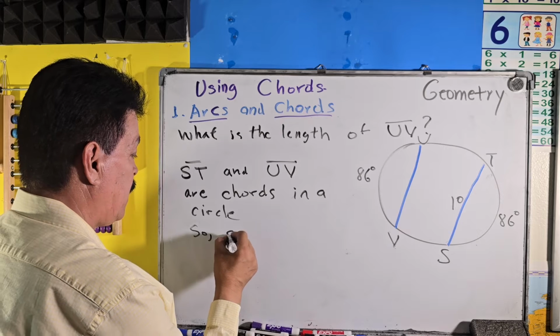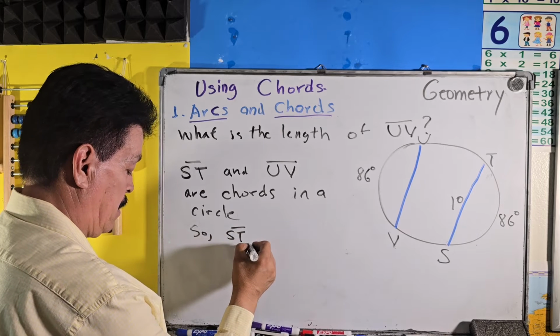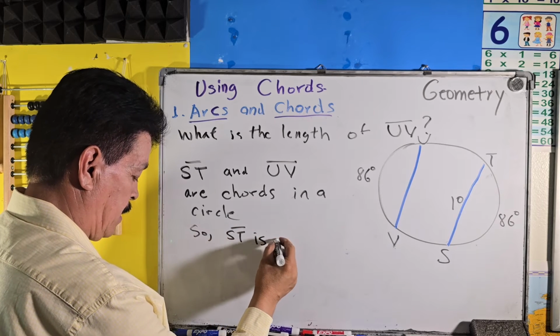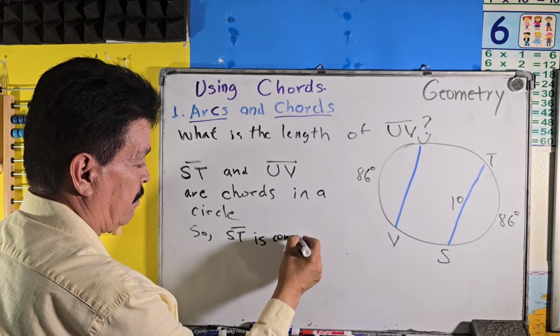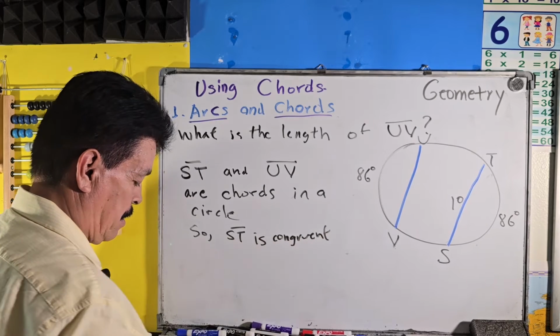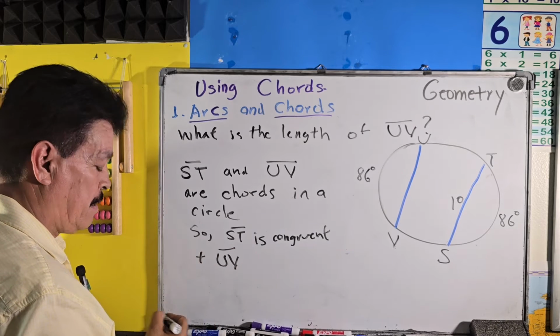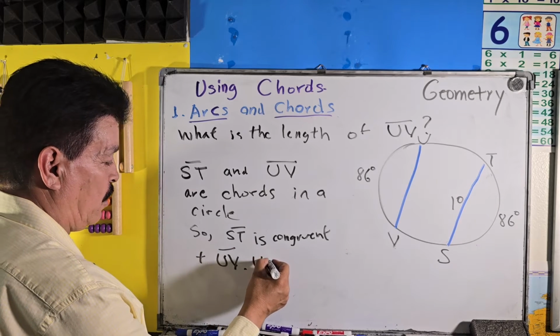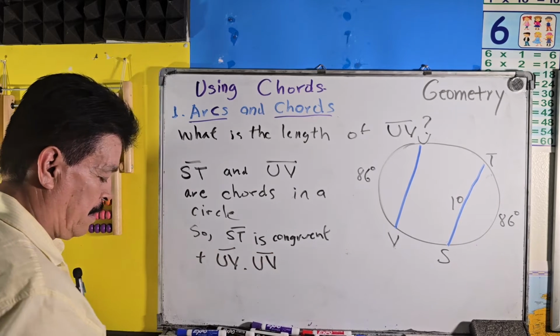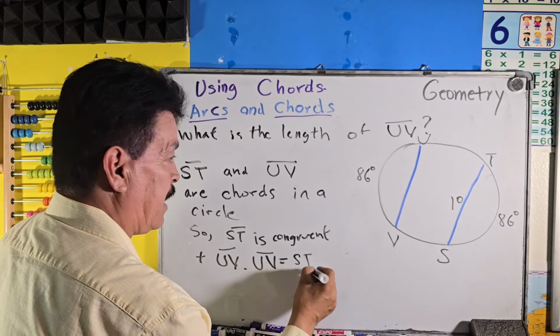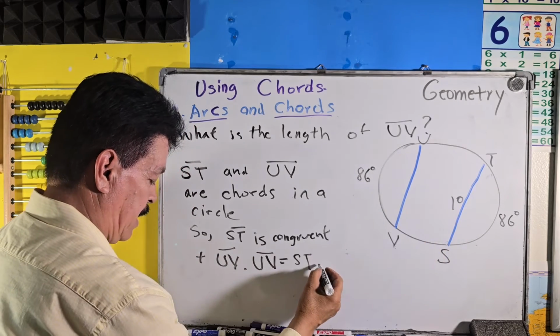So chord ST is congruent to UV. Then UV equals ST. See how much is ST?